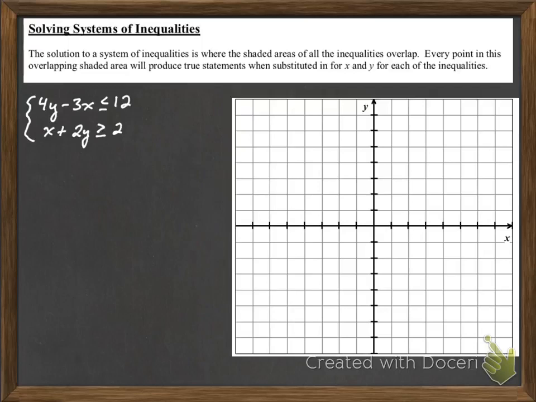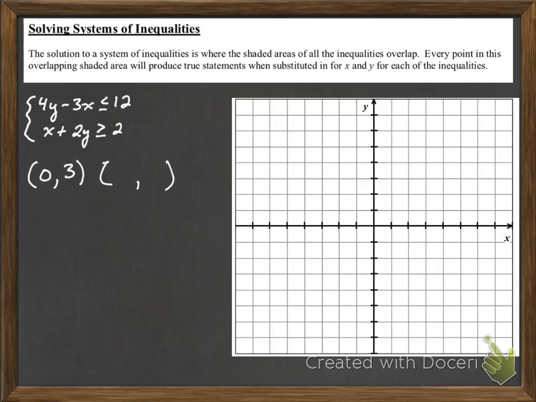All right, so graphing the first one, if we use the method of intercepts for the first inequality, if we put 0 in for the x, that would give us 4y less than or equal to 12, which means y is 3.